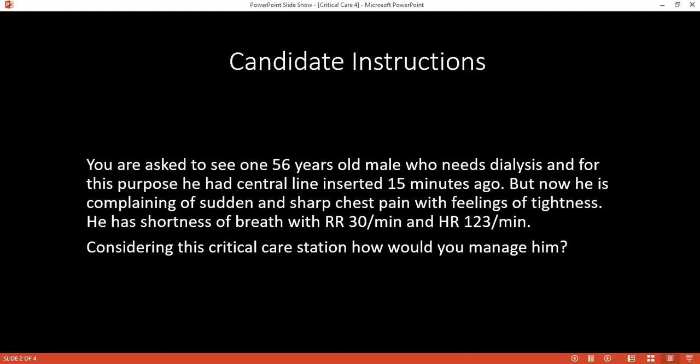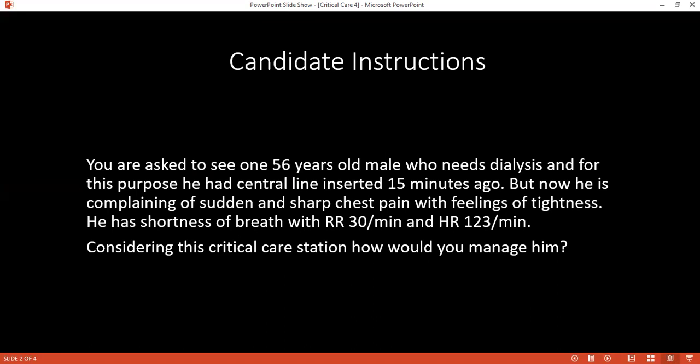Then we have to look for other signs of circulation. We can open a wide bore cannula and start crystalloid fluid. We have to check capillary refill, mental status, then blood pressure, pulse. So we have to start a fluid challenge as well.